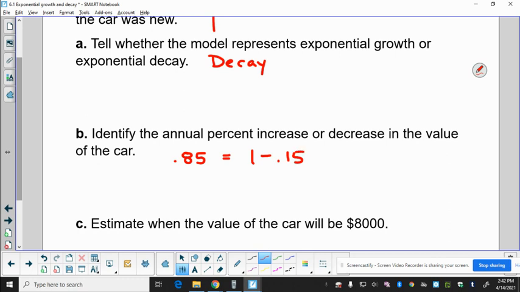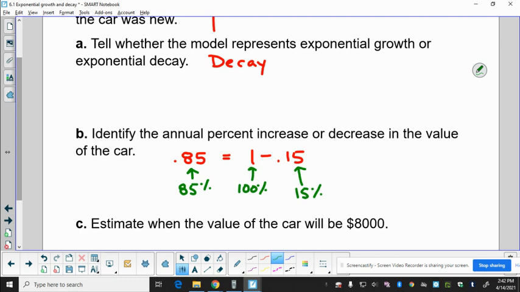Think about that. So what we have to look at is this represents in percentage form 100%. The number 1 is the same thing as 100%. 0.15 represents 15%. And 0.85 represents 85%.